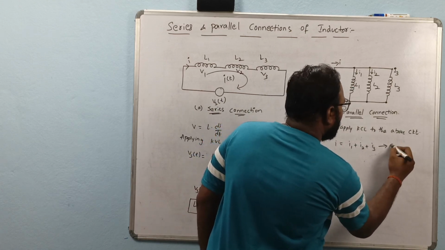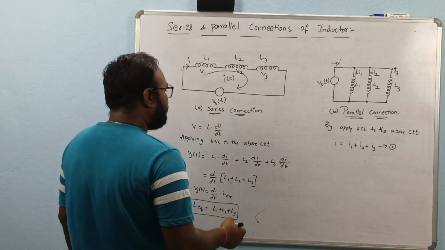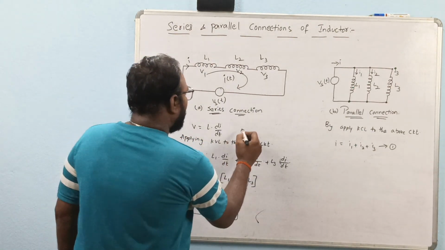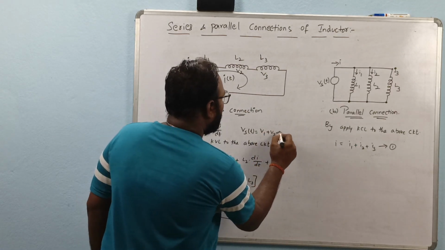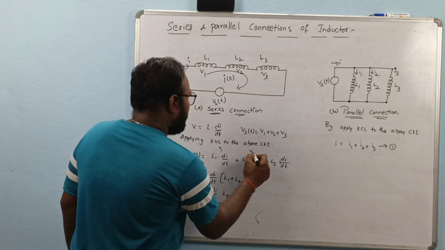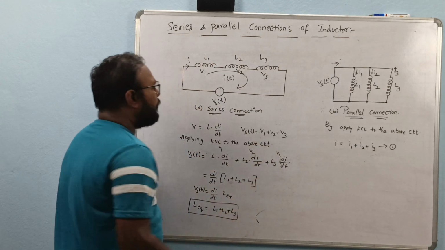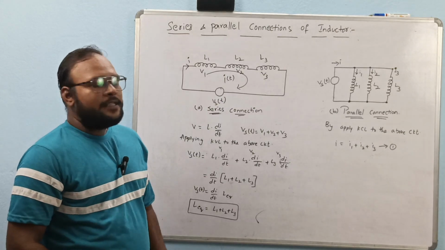Let it be equation number 1. Similarly, for the series case we can write Vs of t is equal to V1 plus V2 plus V3, which are the drops across the inductors connected in series.